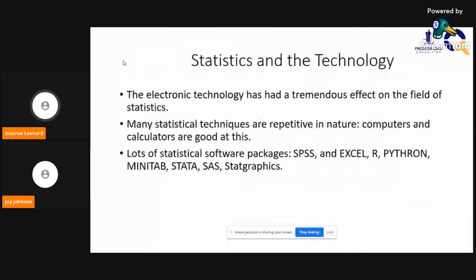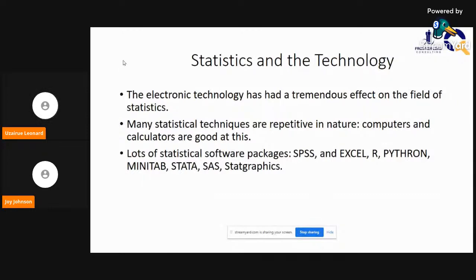The last place where I ended the class was when I was talking about statistics and technology. I made mention that there are quite a whole lot of technologies that are now in place. Some of them are SPSS and Excel. We have R, we have Python, we have MATLAB, we have Stata, we have SAS, we have GraphPad Prism, we have NCSS.